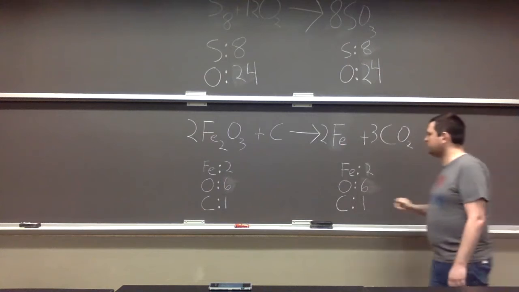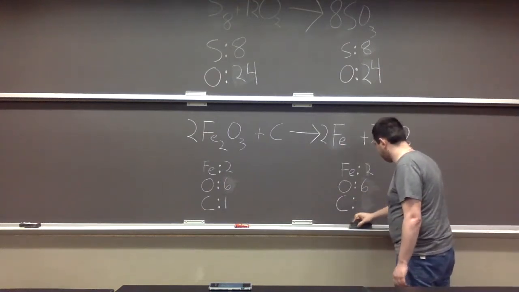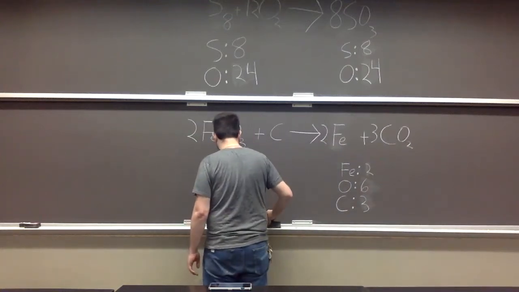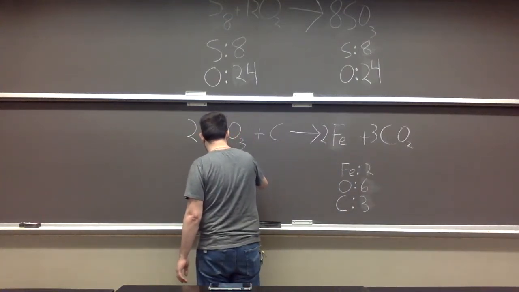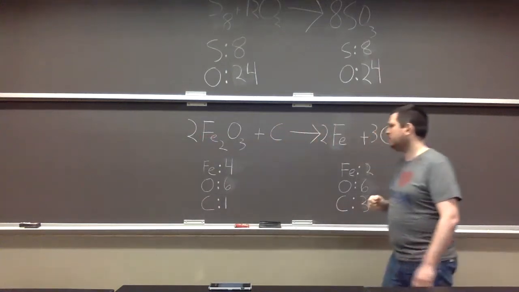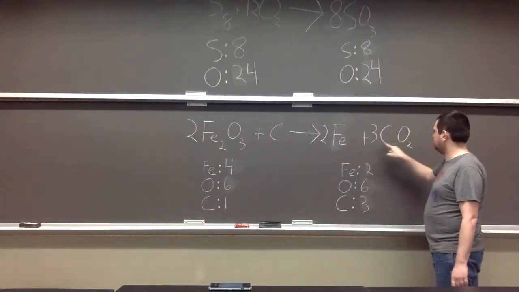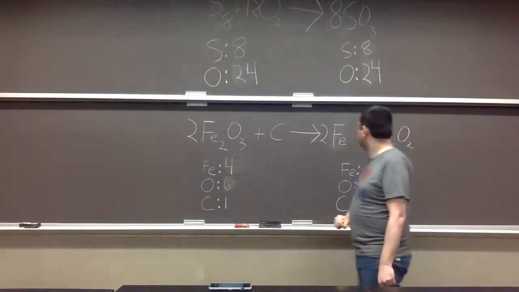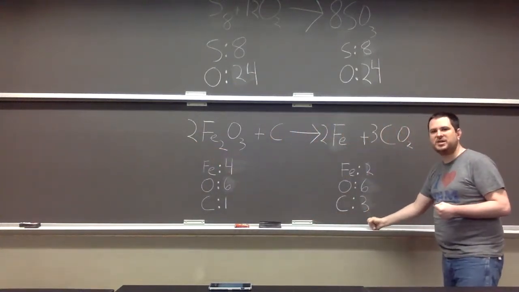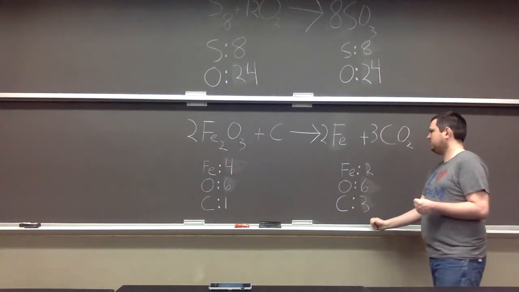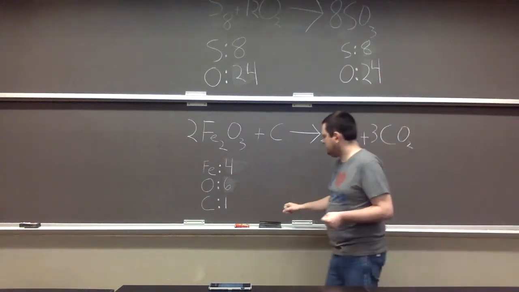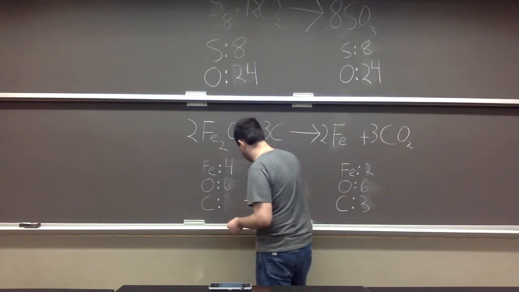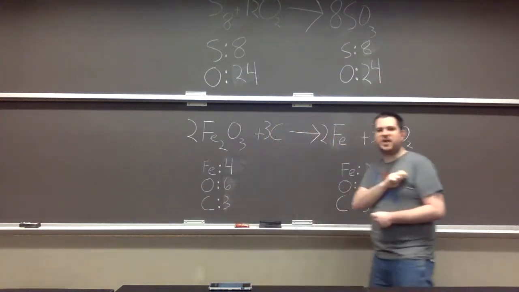But that has also caused a change in our carbons and our irons. We now have 3 carbons and 4 irons. So we need to go back and rematch our carbons and irons. 3 and 1, easiest to multiply it by 3 and get that 3.